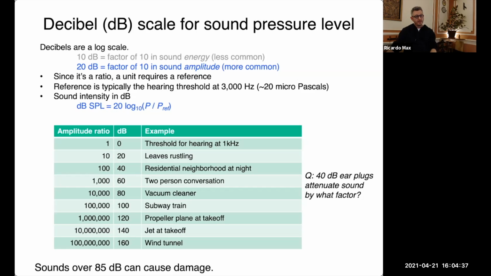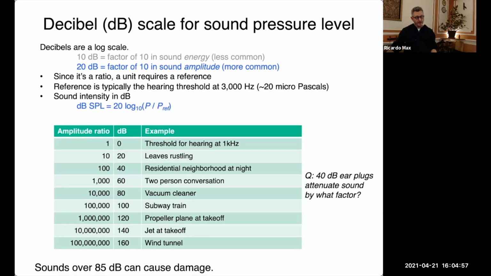So if you increase 40 decibels, 40 divided by 20 would be 2. So 2 here, 10 squared, it will be 100, right?